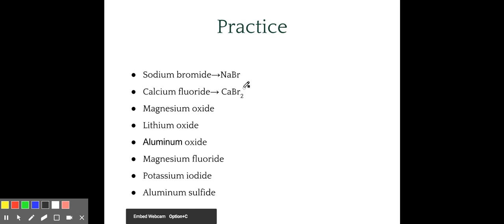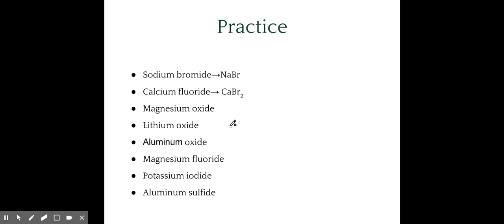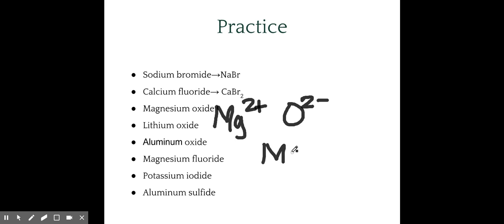Let's look at another example. Let's say we look at magnesium and oxygen. Well, magnesium has a charge of +2. Oxygen has a charge of -2. When you crisscross those charges, you will get Mg2O2.